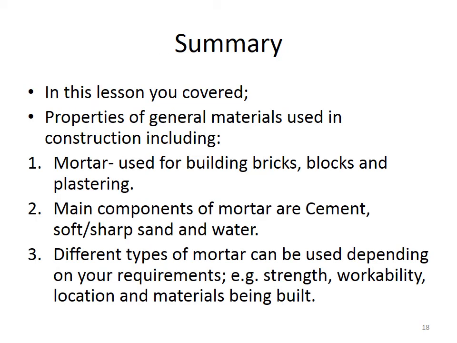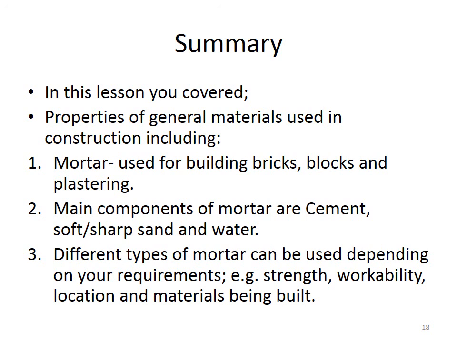Summary. In this lesson you covered properties of general materials used in construction, including mortar, used for building bricks, blocks and plastering, also used sometimes for floor screeds. Main components of mortar are cement, soft or sharp sand and water, and sometimes lime or hydrated lime or plasticizer is added to improve workability.